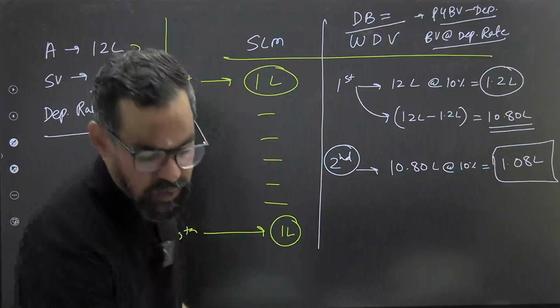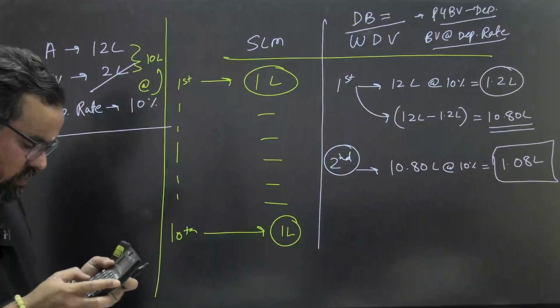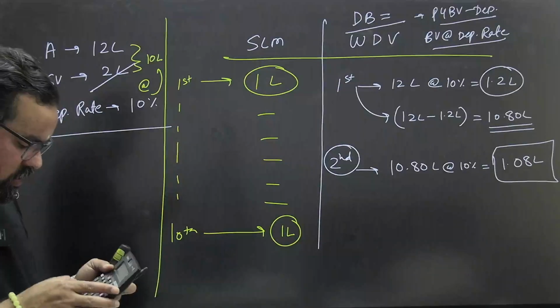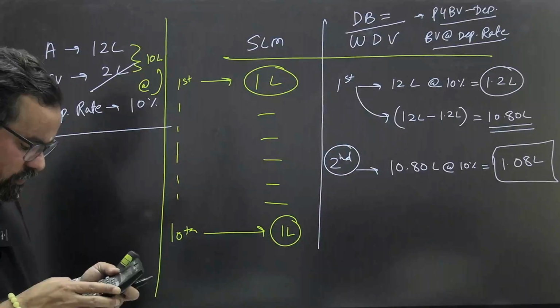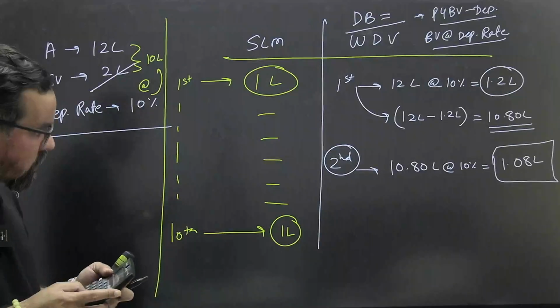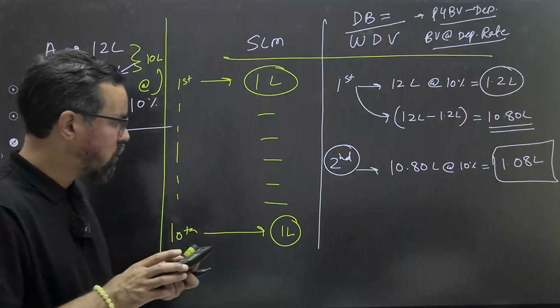Let me calculate this one. 1 lakh 8,000, which is correct here.